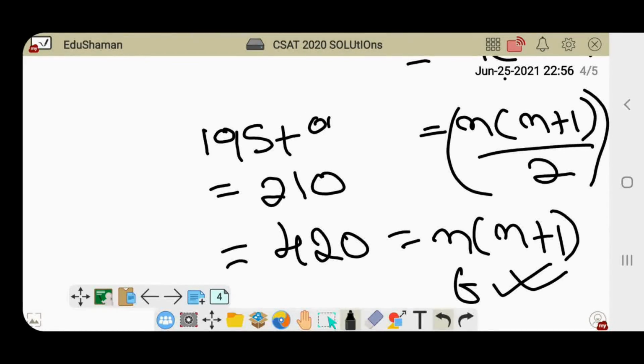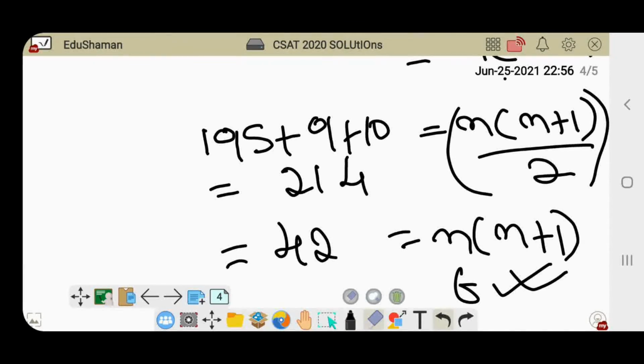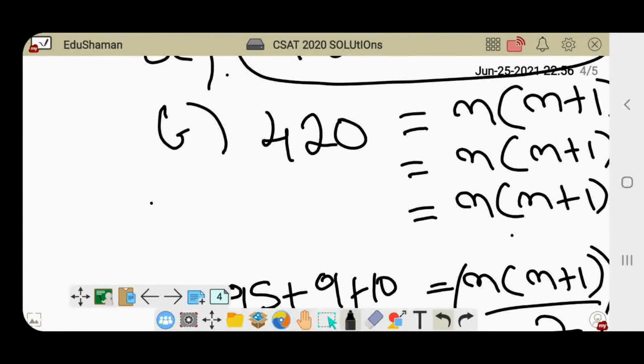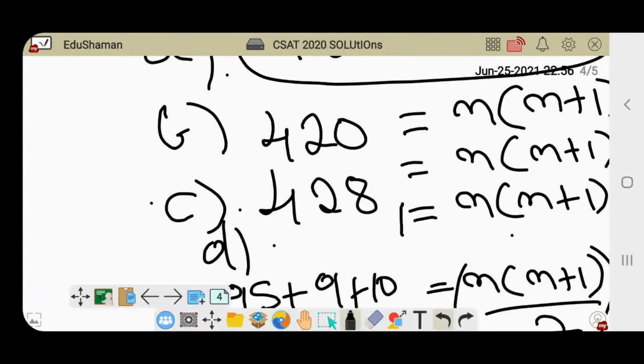So I just write plus 9 plus 10, and then instead of 210, I would get 195 plus 19, which is 214. And here I would have 428, which I would enter over here. Option C, 428.